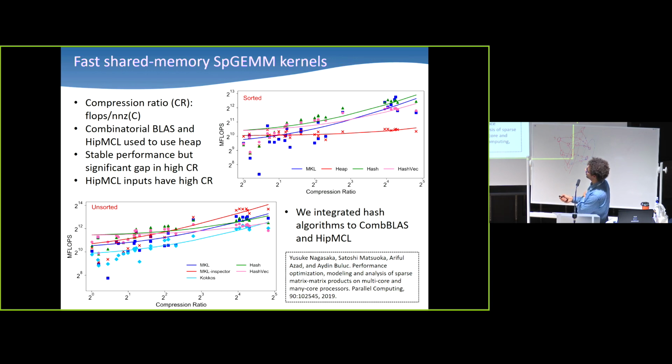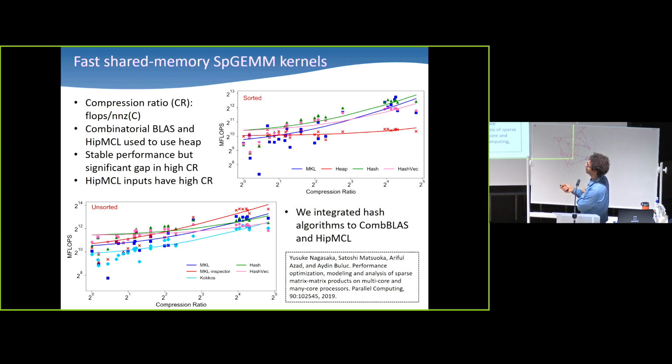And if you don't care about your output being sorted, then I think using Intel's MKL was faster. At least one variant of it was faster for large scale, but hash is pretty good for a lot of ranges. It's good for the low compression region and not so horrible in the high compression region.